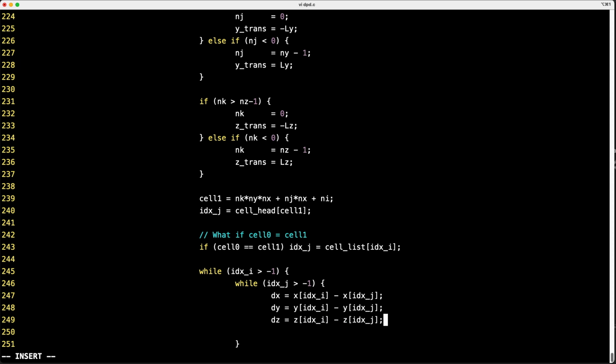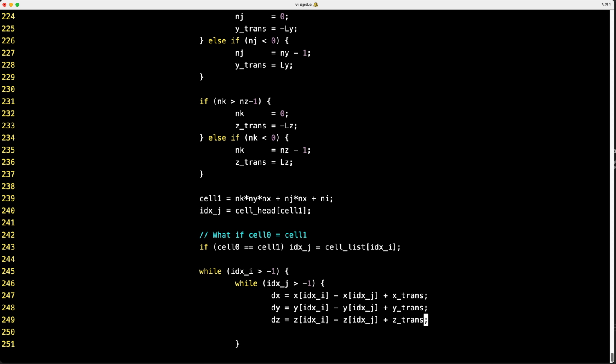Now we run into a problem here though, because this isn't taking into account the fact that you could have particles on the boundary. So this is why we needed to create those variables x translate, y translate, and z translate. And most of the time, the values of these variables are going to be 0.